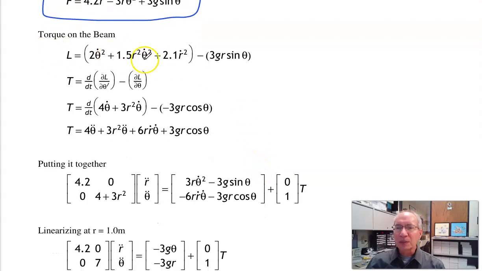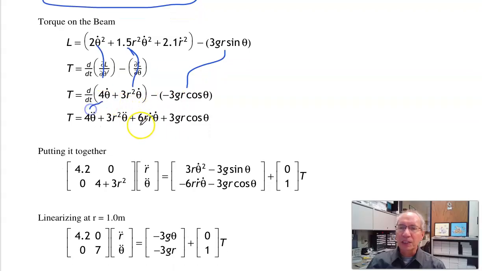The torque on the beam, here's the Lagrangian, full derivative with respect to t of the partial with respect to theta dot minus partial of L with respect to theta. Here's a theta dot. Nothing, nothing, nothing. There's a theta dot. Theta, there's theta. Take the full derivative, is 4 theta double prime, chain rule, 3 r squared theta double prime, 6 r r dot theta dot.